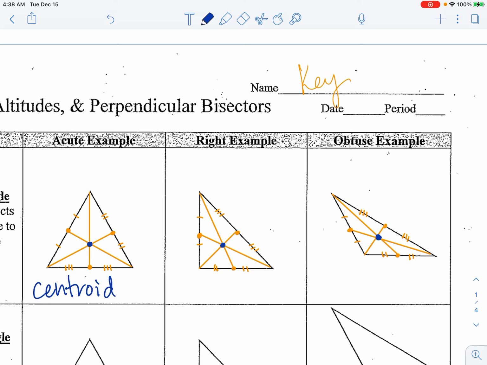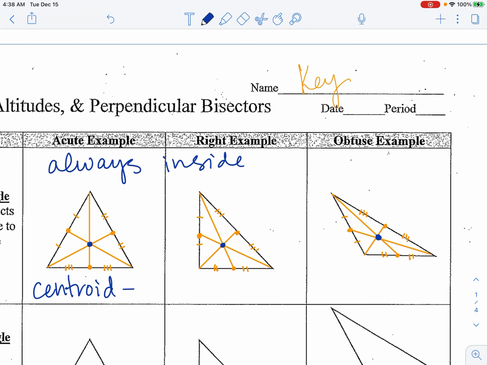And this point is a special point, and most of our points of concurrency today are going to tell us something that it does in the picture. Notice on all 3 examples here, our centroid is always inside our triangle.